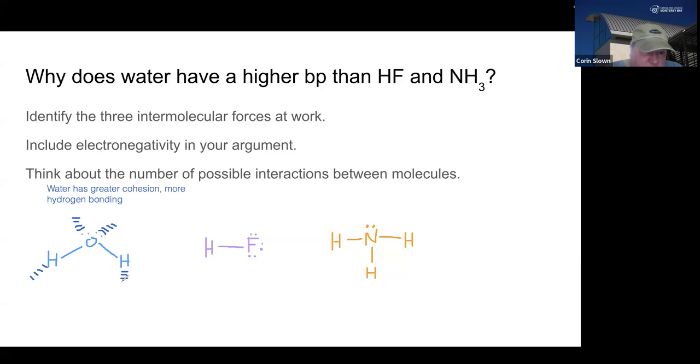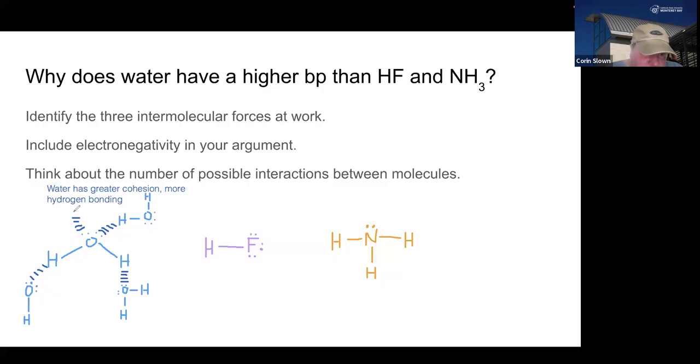If I wanted to max it out, the reason ice has a tetrahedral lattice arrangement is because I can form four hydrogen bonds. So maybe up to four is a good way of describing it. Doesn't mean you always form four, but it has the capacity to form four hydrogen bonds.